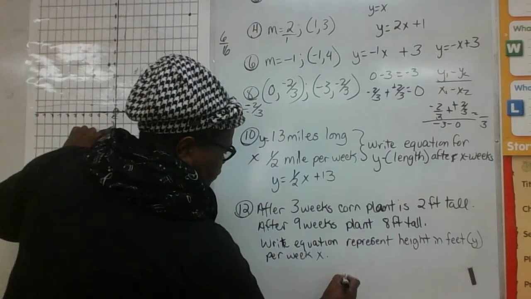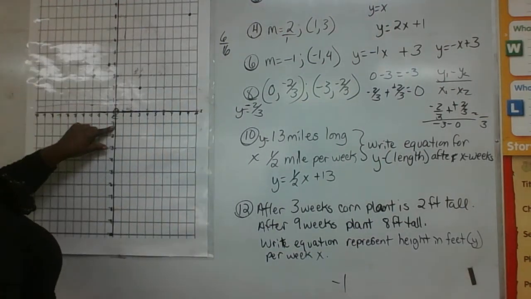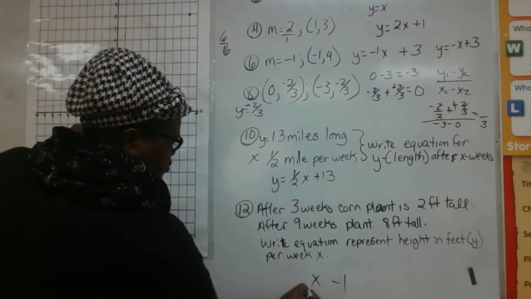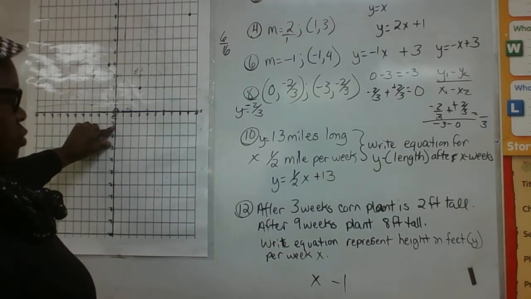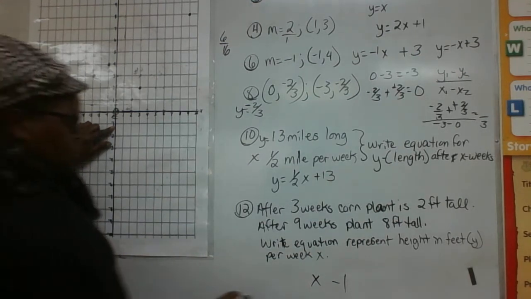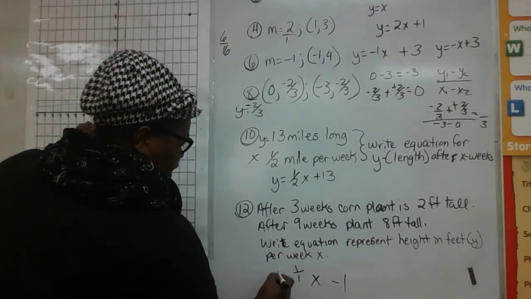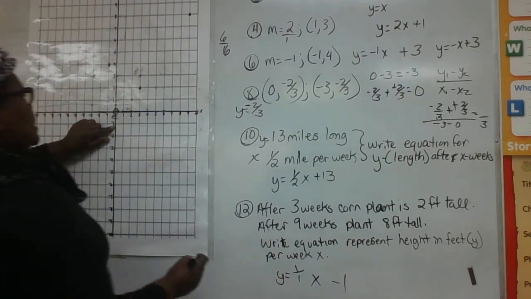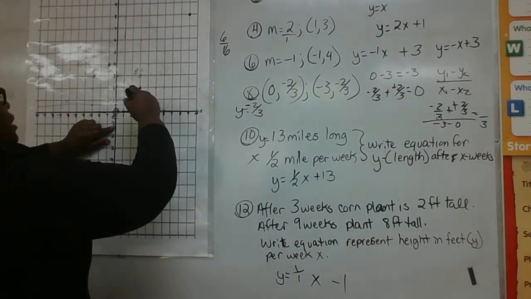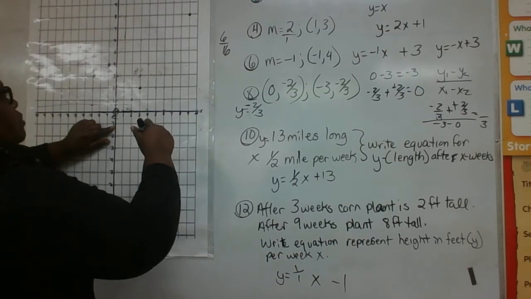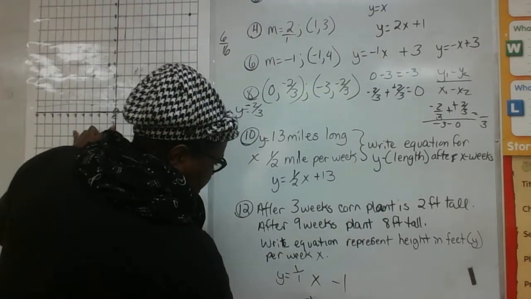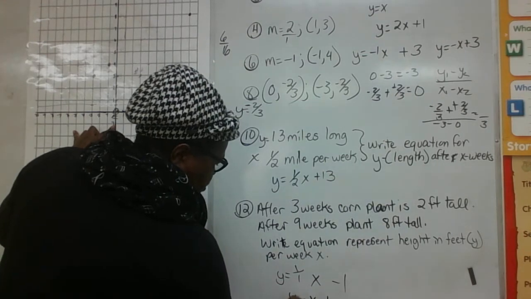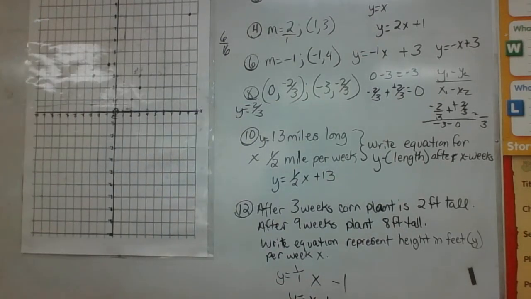Okay, and so therefore we need to now know what the change is. Our rise over our run was 1 over 1, and in this case it is going in a positive direction, so it's positive. So it is x minus 1. That is what our y is for number 12.